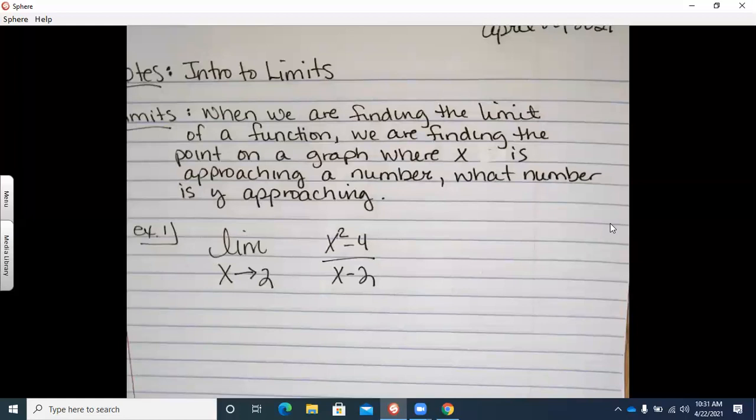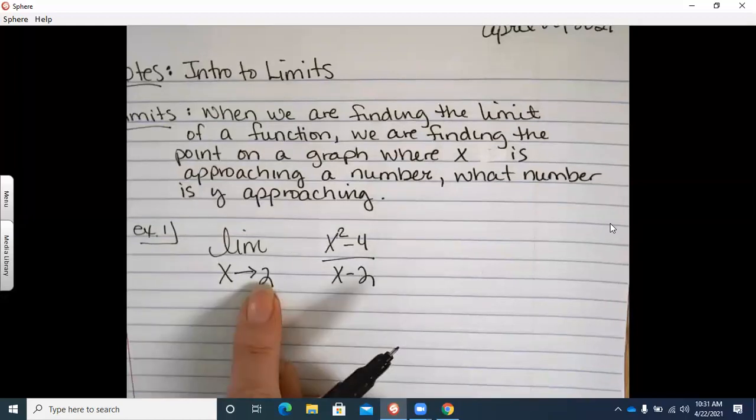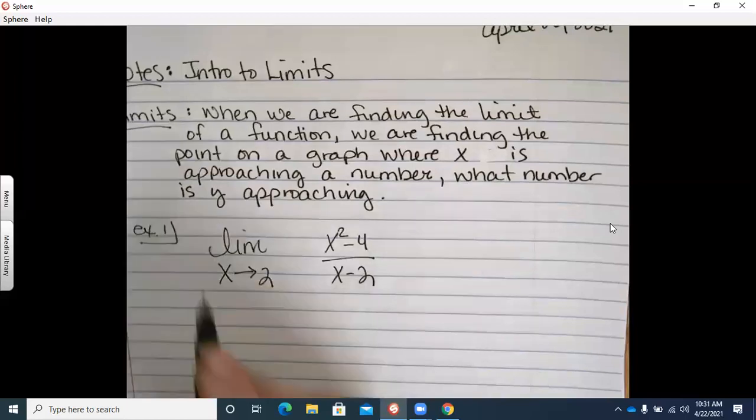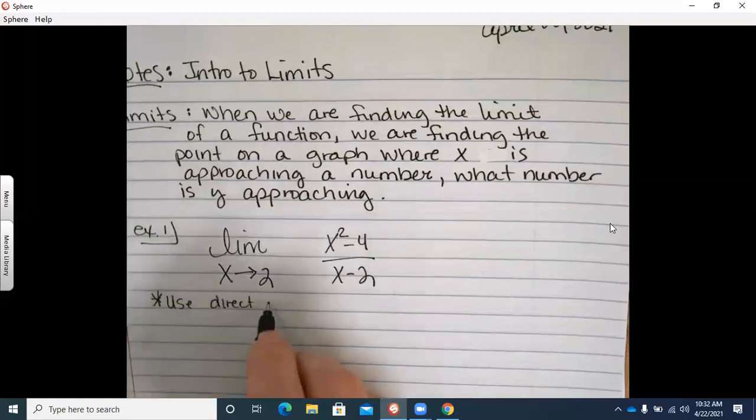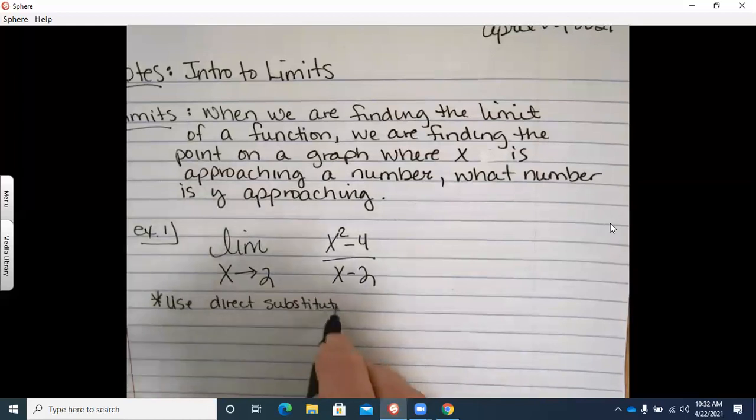So one thing that you can try is just use direct substitution. Whatever value x is approaching, let's just plug that in and see what we get, okay? And make yourself good notes on these. Use direct substitution to start.